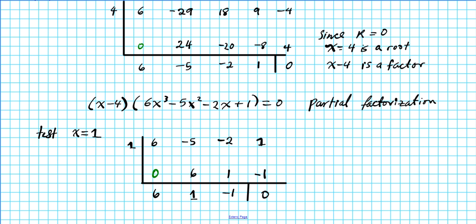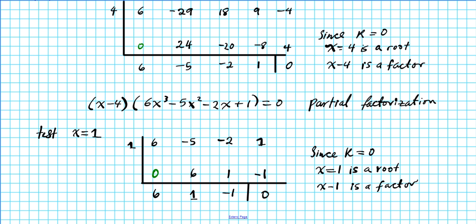What does this mean? Since I have a remainder of 0. Since the remainder is equal to 0, that tells me that x equals 1 is a root, and the related factor x minus 1 is a factor. Okay?